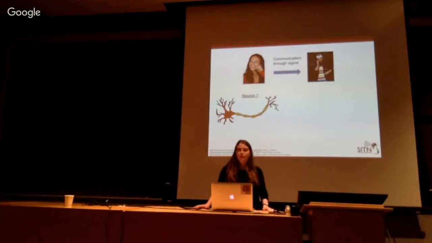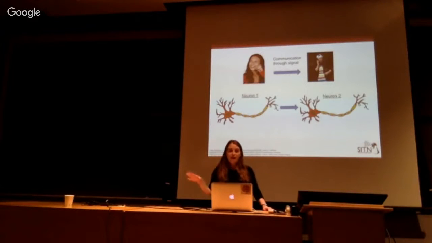That's a really fundamental and important part of neurobiology, that your neurons all have to be talking to each other. So this neuron is going to send a signal, just like your cell phone sends a signal to another cell phone, to another neuron in the brain. And this process is happening all the time throughout your brain. This is one of the things that keeps you alive.